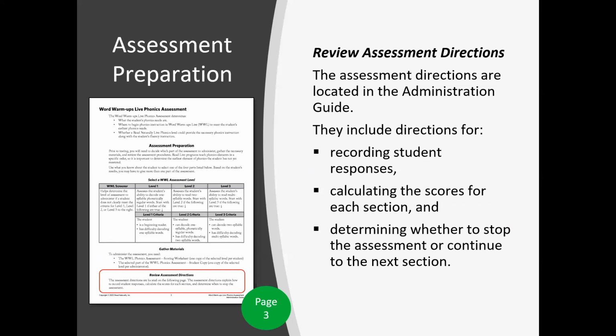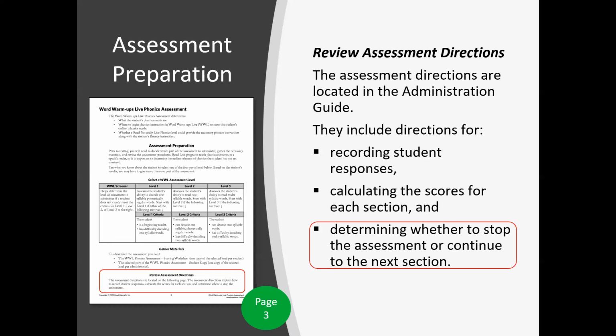At the bottom of page 3, you'll notice a note telling you the directions about how to record the students' responses, how to write whether they got an error or maybe it was a self-correction. It also tells you how to calculate the scores for each section and how to determine whether you should stop there or go on to the next section.